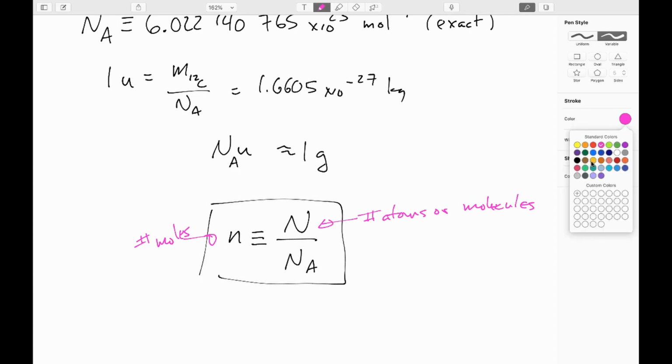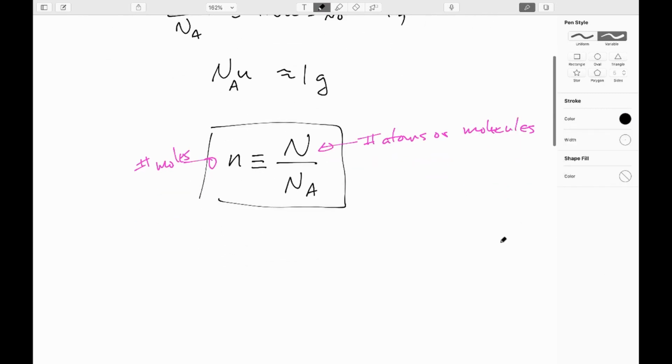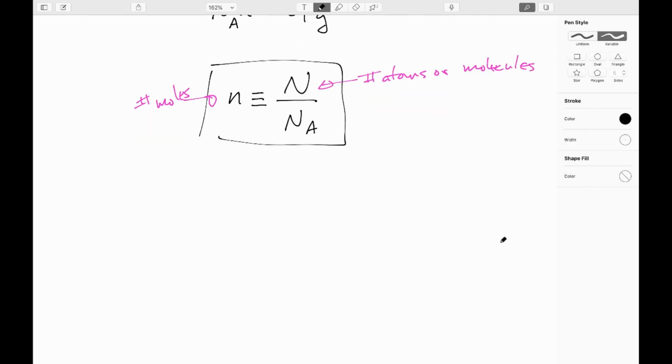So just to make a quick concrete example of that, let's say you have half a mole. Let's just ask, what's the mass of half a mole of carbon dioxide?